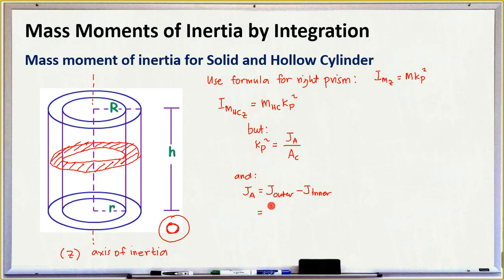So for the outer, we have pi times the bigger radius, R to the fourth, all over 2, minus the inner, which is pi r to the fourth, all over 2. Now, factor out pi over 2. Now we have pi over 2, and then we have R to the fourth minus small r to the fourth.